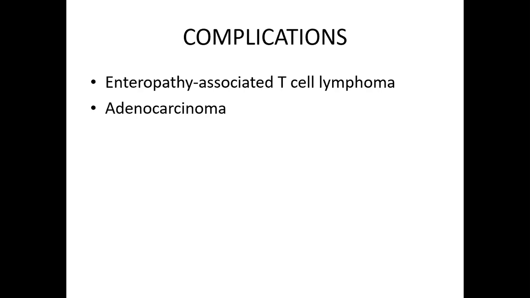And the third complication is malabsorption. These patients are often anemic, or they may show deficiencies of various vitamins or other minerals. So these are the complications: enteropathy associated T cell lymphoma, adenocarcinoma, and malabsorption. So that is about celiac disease.